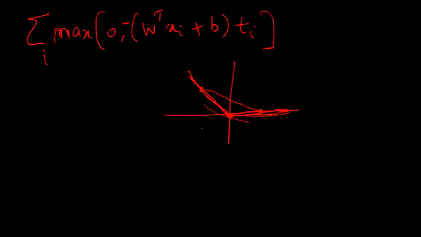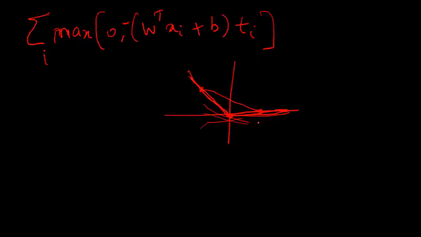Although the gradient at the origin is not defined, the subgradient is defined. So for an individual training point xi, the loss is convex. When I add the loss for all the training points with a positive constant plus 1, the positive addition of convex functions is also convex. So the entire loss function is convex, and I can do gradient descent on it.